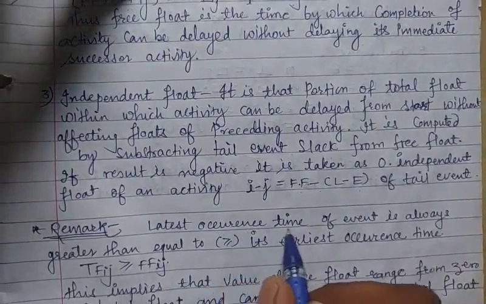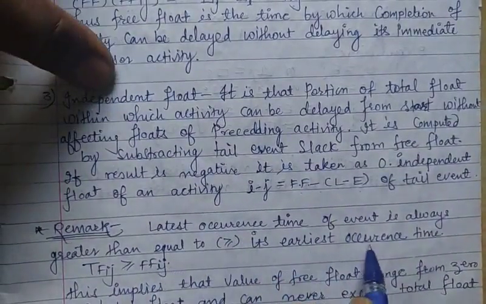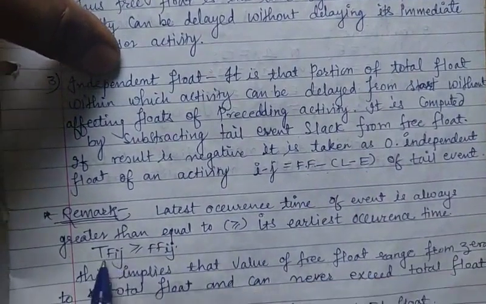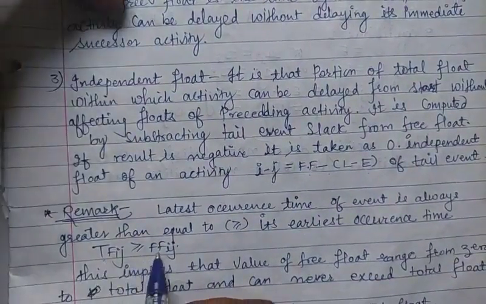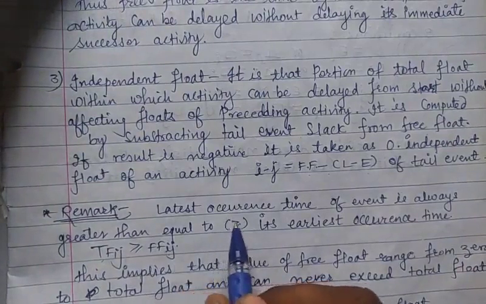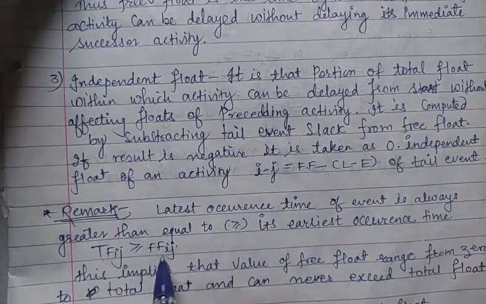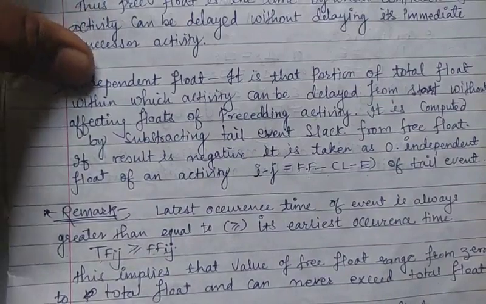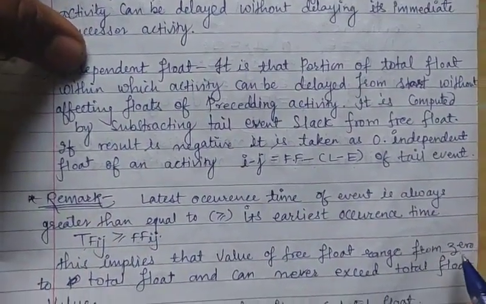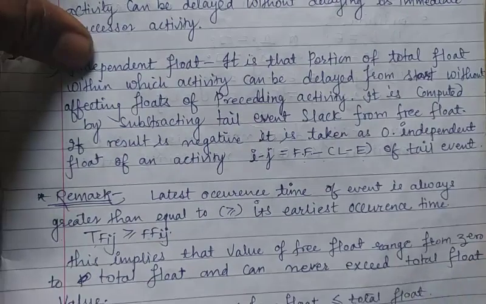Latest occurrence time of an event is always greater than or equal to its earliest occurrence time. So TFij is always greater than or equal to FFij. This implies that the value of free float ranges from 0 to total float and can never exceed total float value.